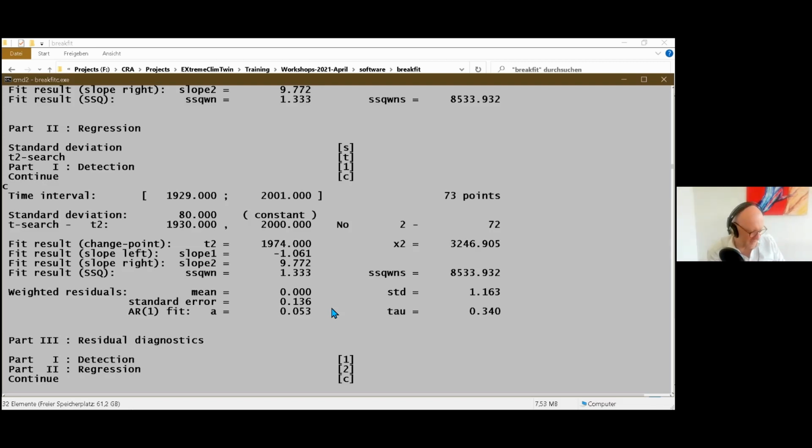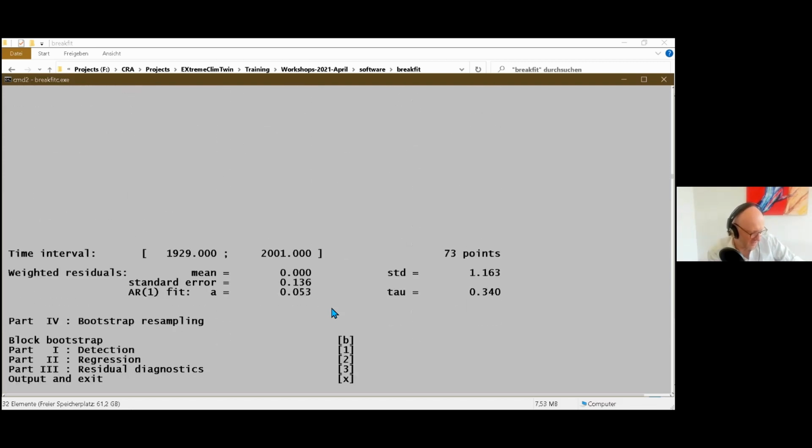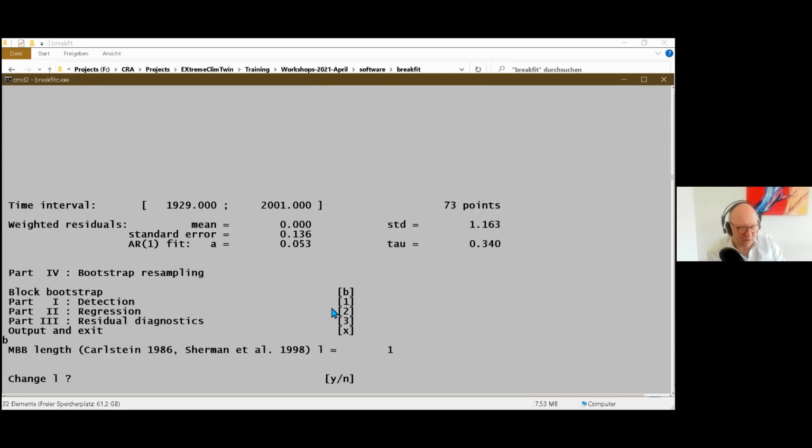So I will press enter to continue. I will press Z to continue, Z, enter. And now I'm with the bootstrap. I could go back if I were not happy, but I'm pretty happy. I will do now the block bootstrap, B, and enter. And as I expected, 1 is the suggested Carlstein block length.